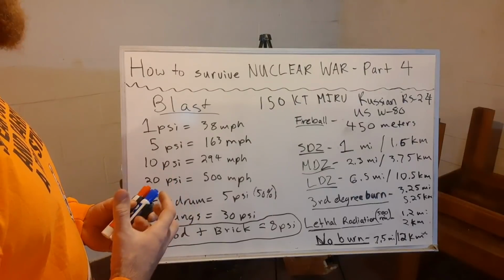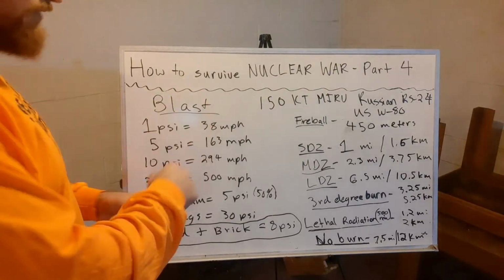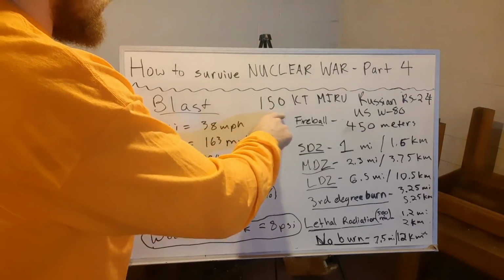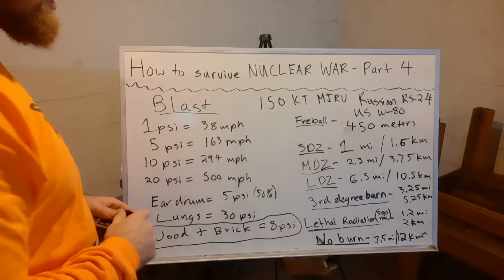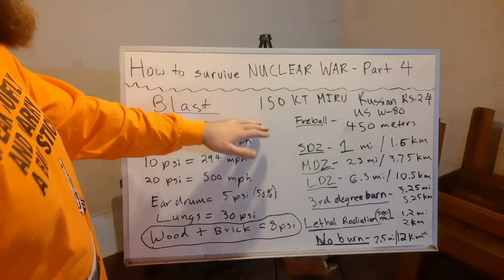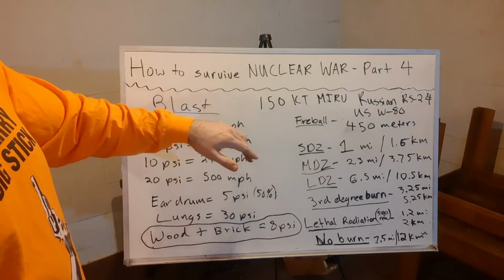So they're very strong, not easy to destroy. So they have to get a direct hit on those silos, each single one with one of these 150 kiloton weapons, or the 300 kiloton.